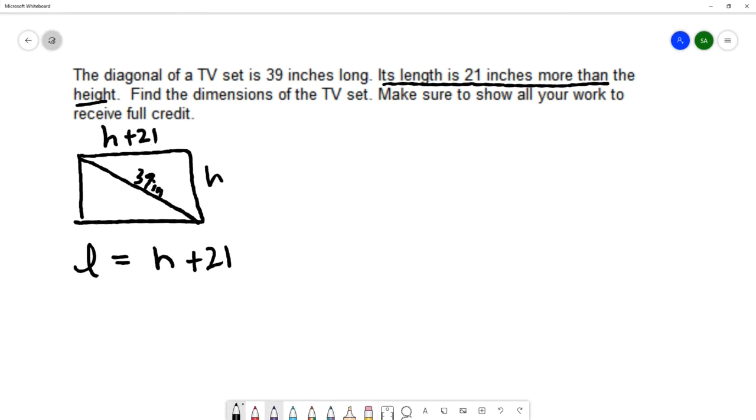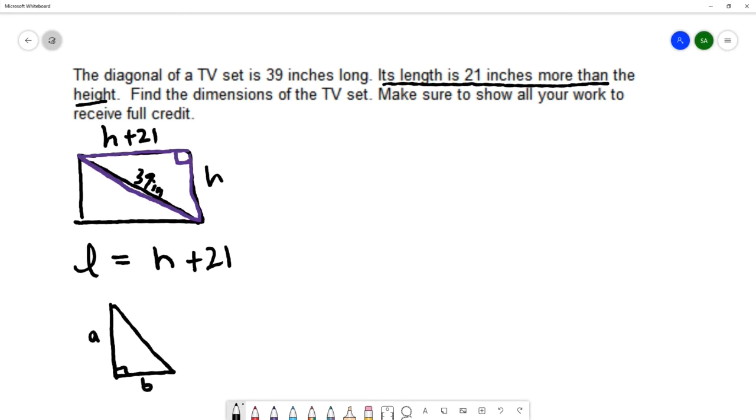And then as I look at this, I can notice that if I look at the length and the height and the diagonal, that creates a right triangle. And a right triangle can be used with the Pythagorean Theorem. Pythagorean Theorem is when you have a right triangle and you have two sides.